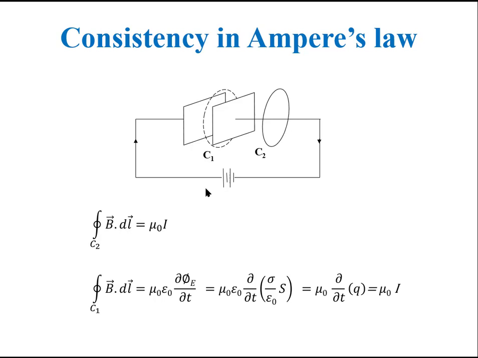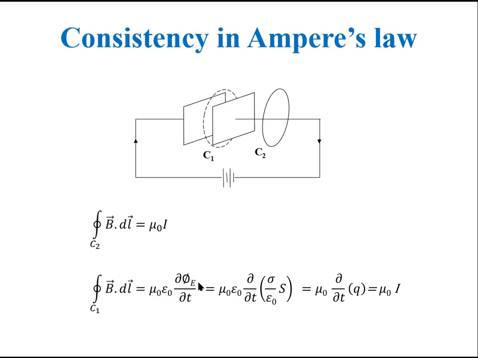When this displacement current density is multiplied by the area, it becomes an electrical current, equal to epsilon naught times del phi_E over del t, where phi_E is the electric flux. So, for loop C1, Ampere's law reads: the line integral of B is equal to mu naught times I, which is 0, plus mu naught times I_D, which is epsilon naught times del phi_E over del t. Phi_E is the surface area of the capacitor's plate multiplied by the electric field inside the capacitor.